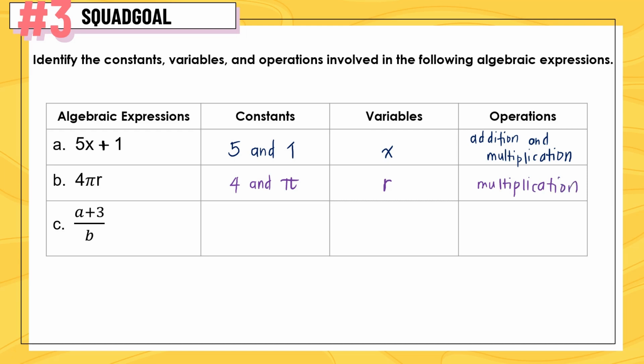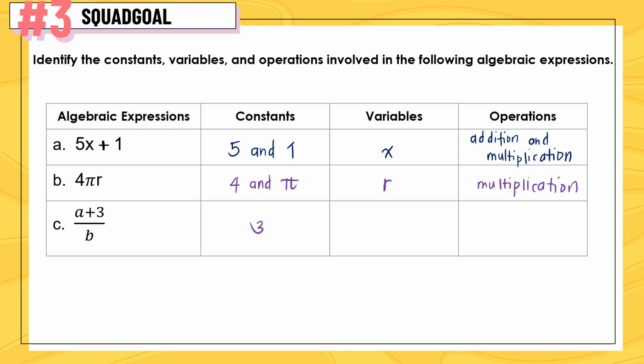Next, let's have the last number. We got A plus 3 over B, or the quantity of A plus 3 over B. You could also read this one as the sum of A and 3 over B. Okay, so what is the constant in here? Of course, you got 3.